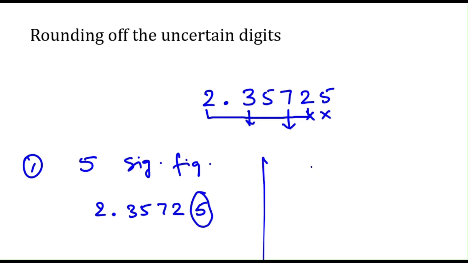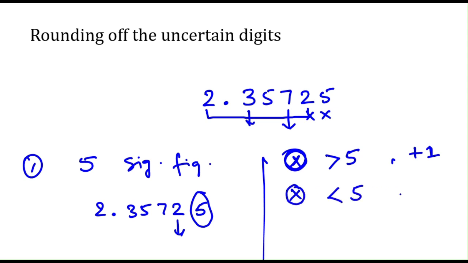So if the chosen digit is greater than 5, then we have to add 1 in the last digit which we are going to retain. If the chosen digit is less than 5, then we need not add anything.